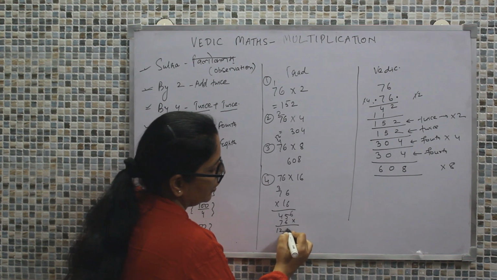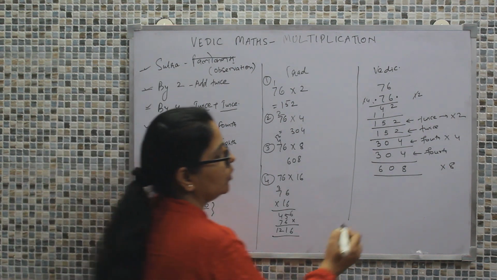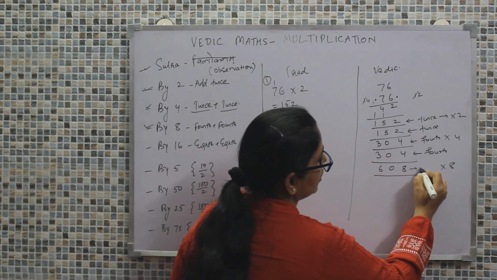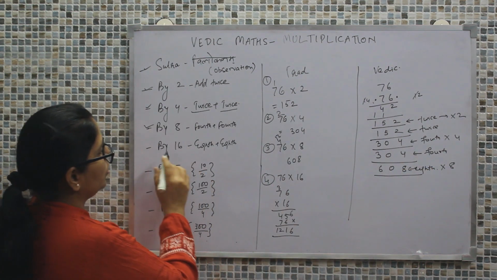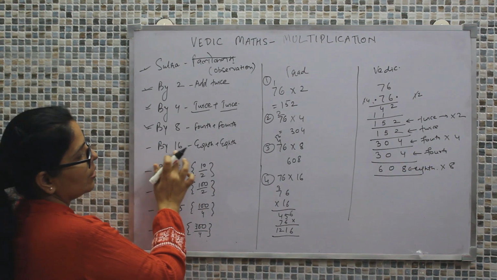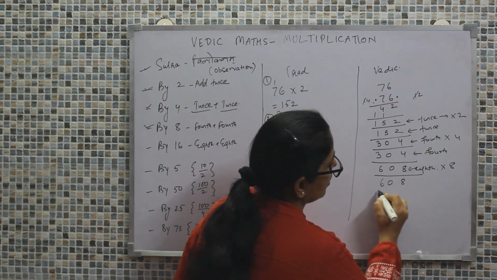So this is 1, 2, 1, 6. And going with the Vedic approach, this is the 8th value. And when we talk about the Vedic approach, it says 8 plus 8. So that is 8 plus 8.